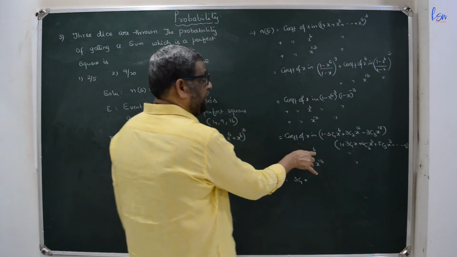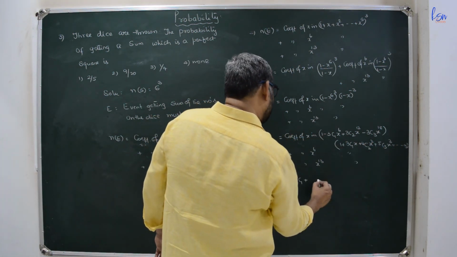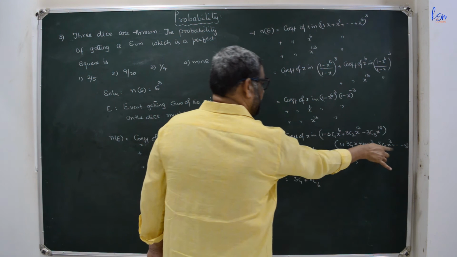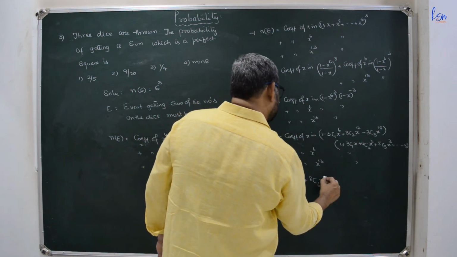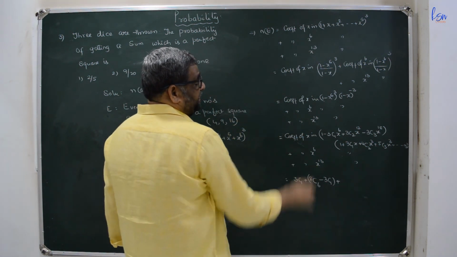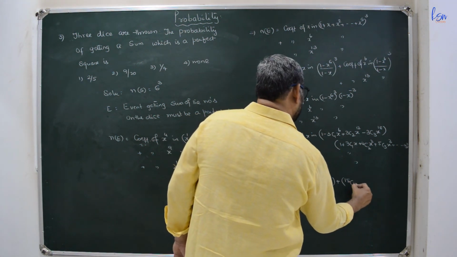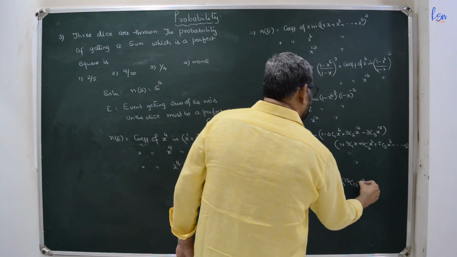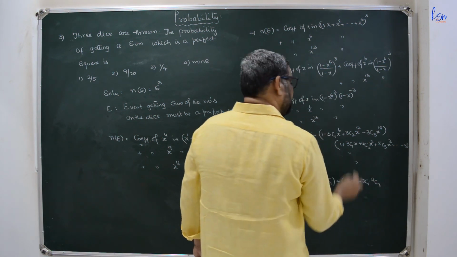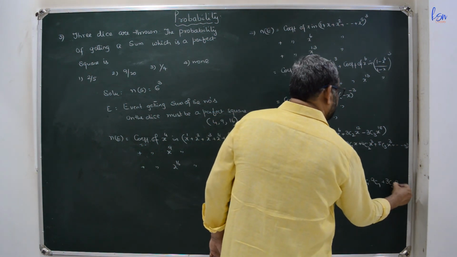Next, x^6 coefficient: 1 into x^6. x^6 means, x cube means 3, x^6 means C6, the difference must be 2, so 8C6: 1 into 8C6 minus 3C1 into 1 minus 3C1, plus the coefficient of x^13: 1 into 15C13, minus 3C1 into x^7. x^7 means 9C7. This is plus 3C2, this is x^12 into x, 3C1.